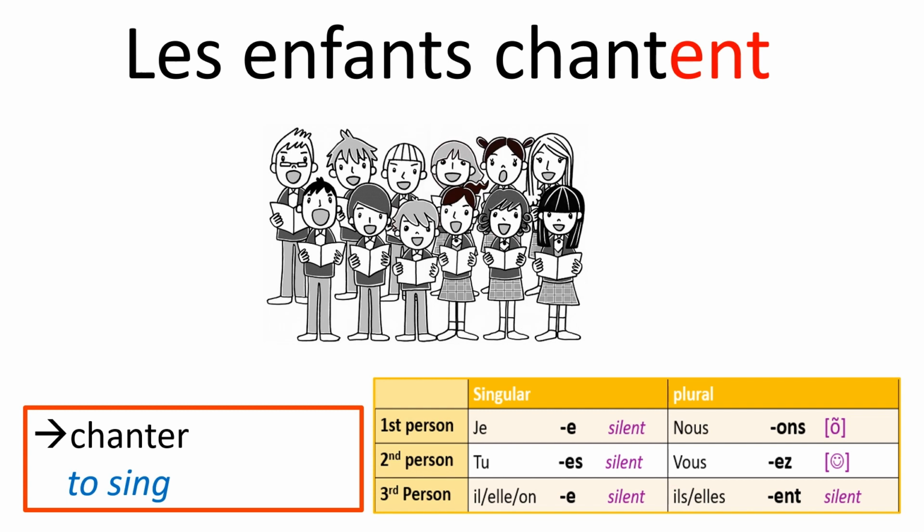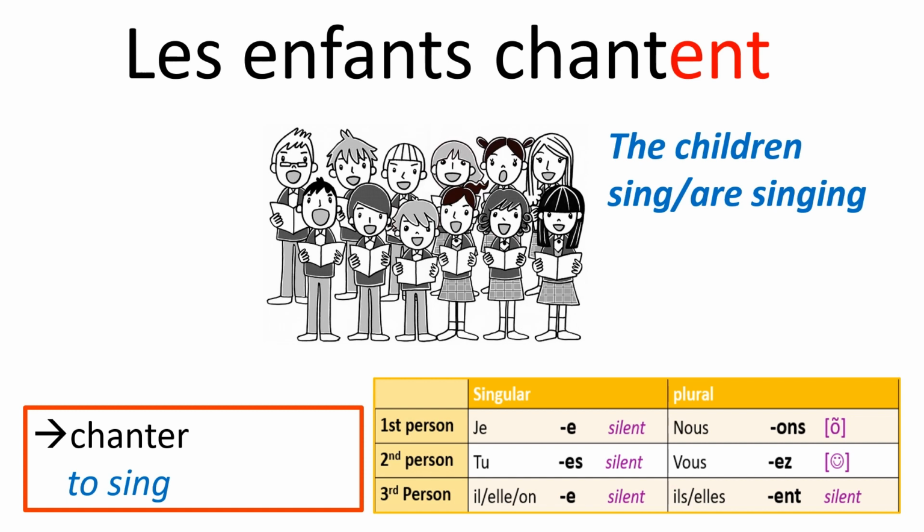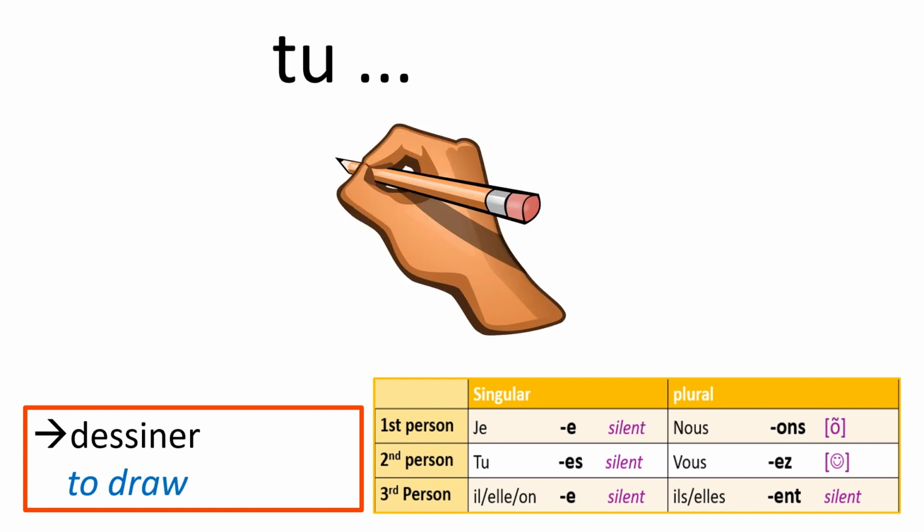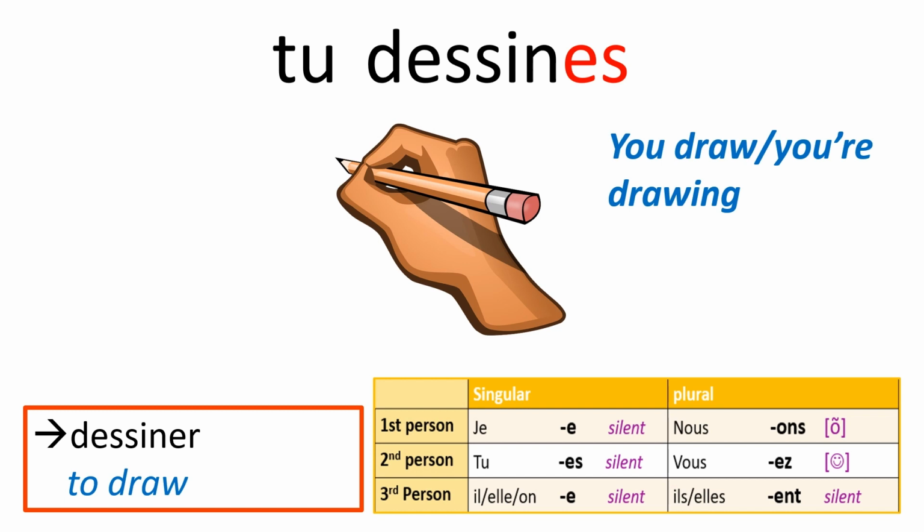Again, the ENT is silent, and you notice that the T of chante before the ENT is activated. Il danse. Tu dessines. We don't pronounce the ES, but we pronounce the N just before the ES.